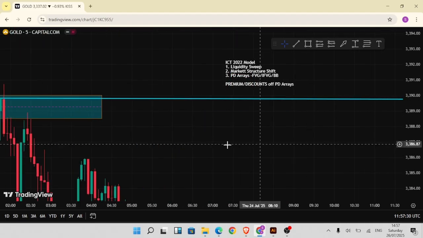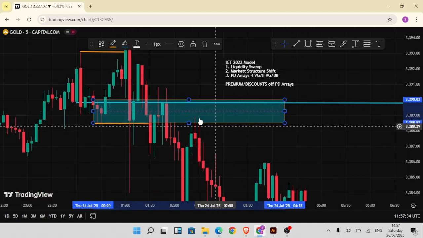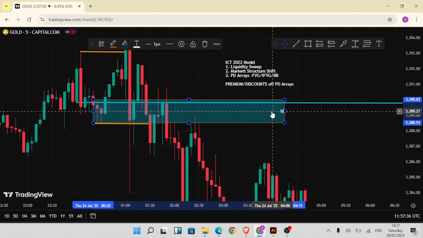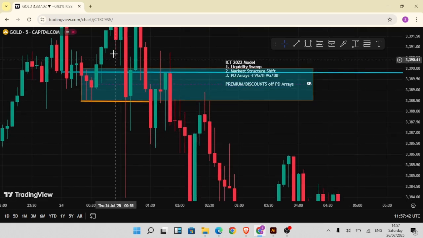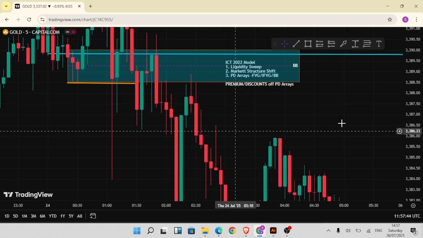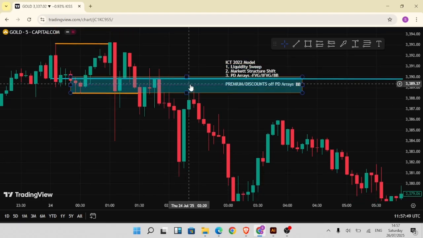Now we come here, we only have this clearly defined breaker block. We want to take our entries off this breaker block, right? So price comes, trades lower, and comes back in.